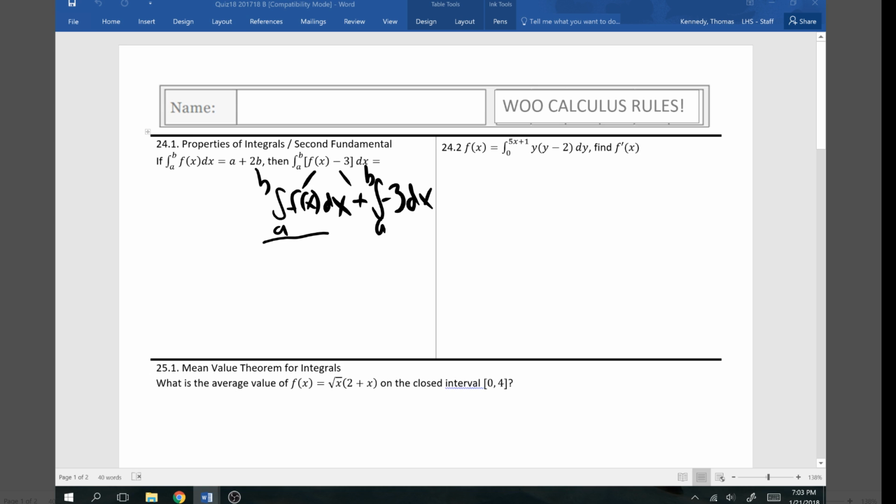Again, we know the integral from a to b of f of x dx is a plus 2b. And then we have to integrate negative 3 dx, but that's pretty easy. We just get negative 3x evaluated at a and b. And then you plug in the bounds, and you get a plus 2b minus 3b plus 3a.